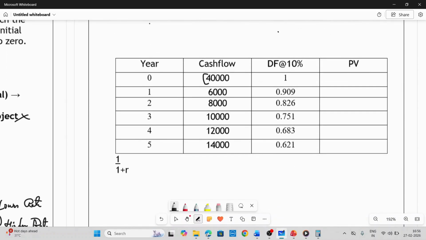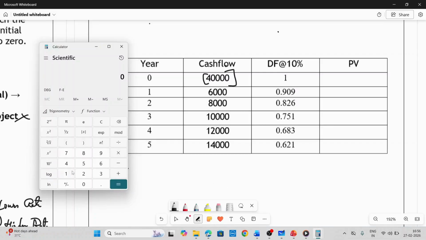So this is the initial investment, 40,000, and these are the discount rates as usual. 1 divided by 1.10 is nothing but 0.909. Press equals, and you will get all those values: 0.826, 0.751, 0.683, 0.620. I have taken it as 0.621.